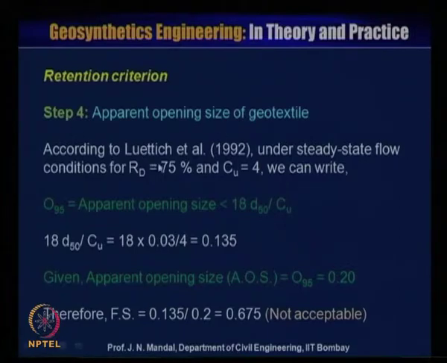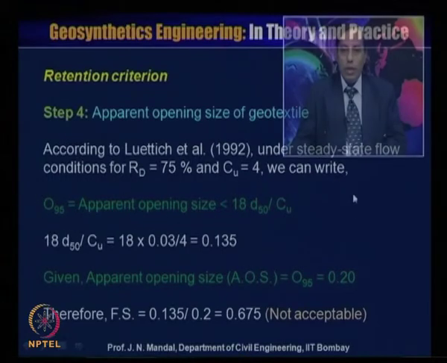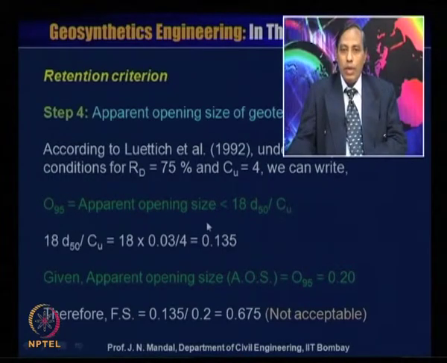According to the Luettich 1992 table, under the steady state flow condition, which I already described in my previous lecture, for relative density 75% and Cu equal to 4, we can write this equation: O95 should be less than 18 into d50 by Cu.